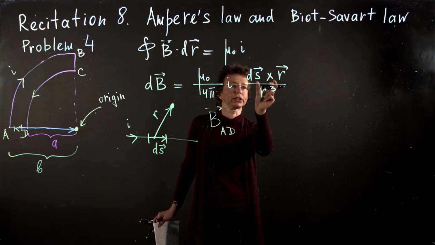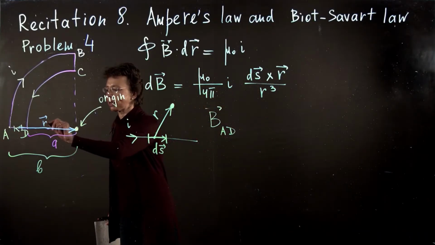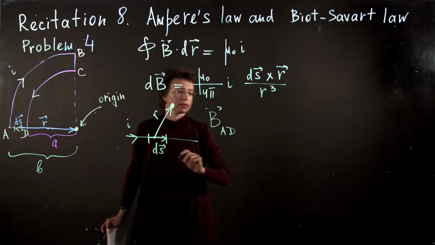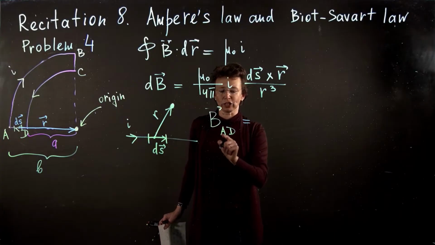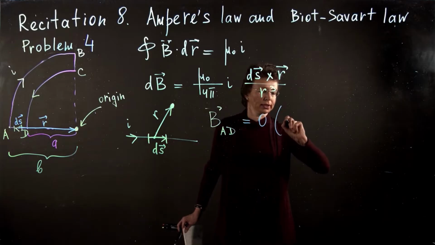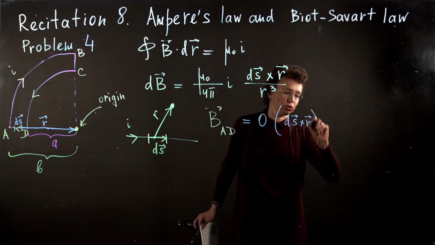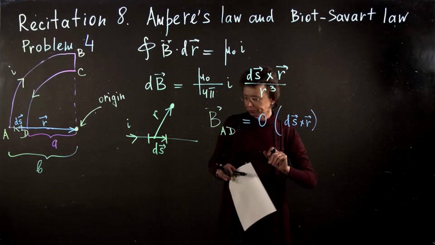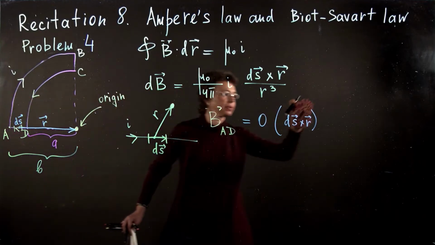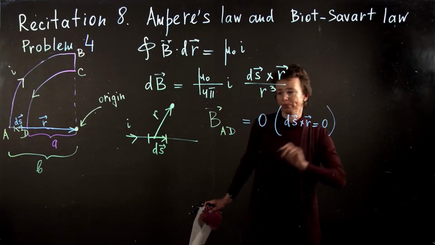Then the cross product ds cross r is 0, which means that the magnetic field created by this segment AD is 0. And I explained why: because ds cross r is equal to 0.